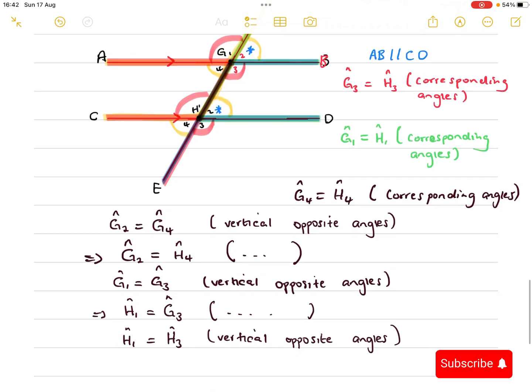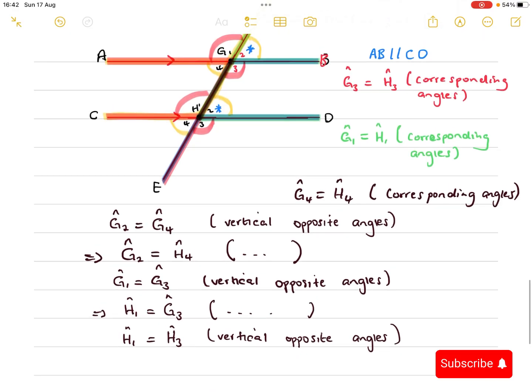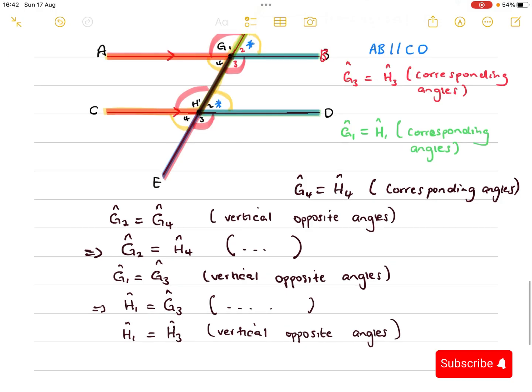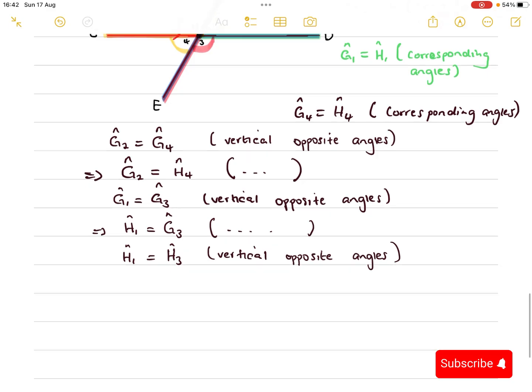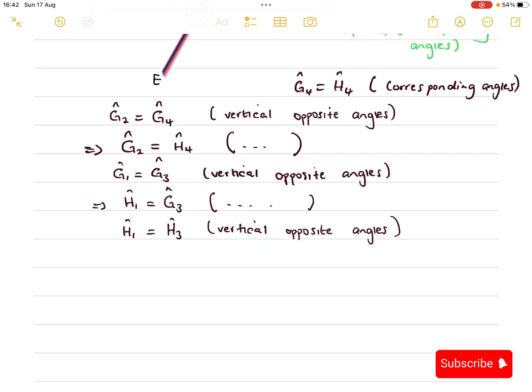Wow. Okay. Again, if we can look at G2, I did mention that G2 is equal to G4, vertical opposite angles, G1 is equal to G3, vertical opposite angles, H1 is equal to H3, vertical opposite angles, and also H2 is equal to H4.